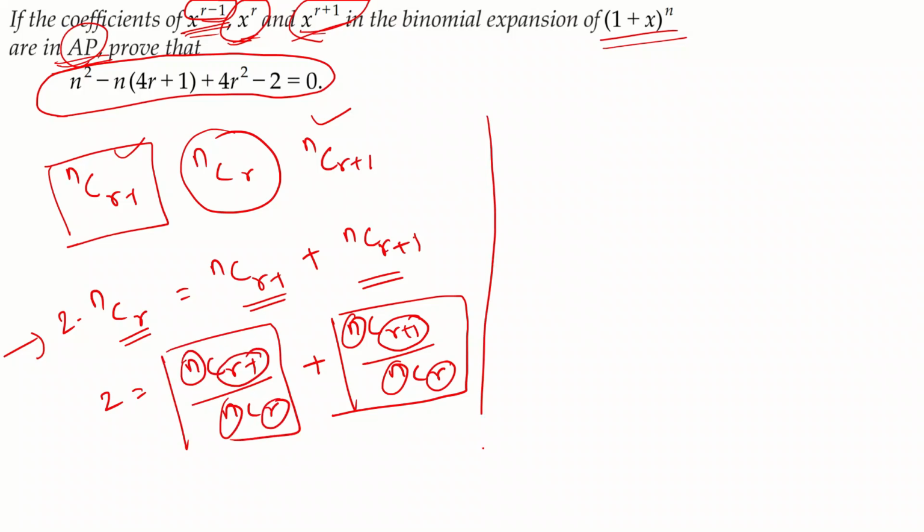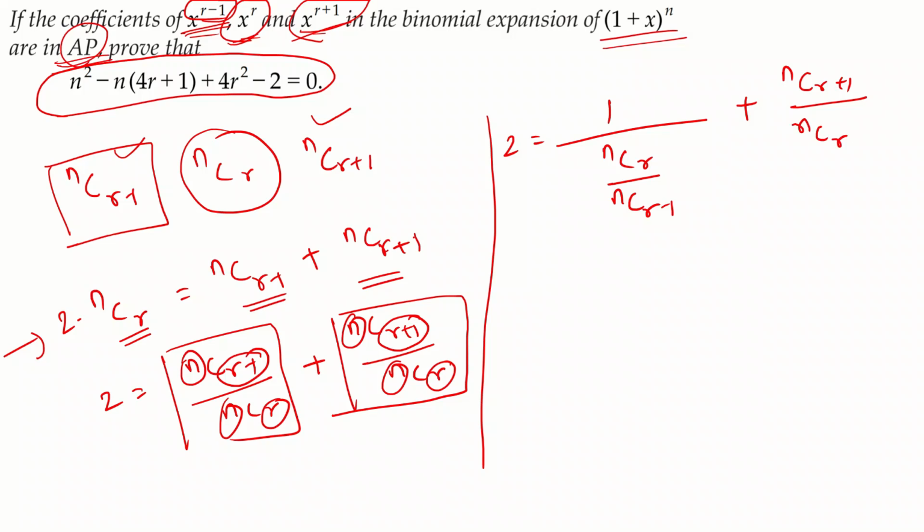So I write this as 2 is equal to 1 divided by nCr by nC(r minus 1), and I keep the other term as it is because it is already in the given format, nC(r plus 1) by nCr. So 2 is equal to 1 by, the formula is head minus tail plus 1 by tail, plus here also the same formula, (n minus r) by (r plus 1).